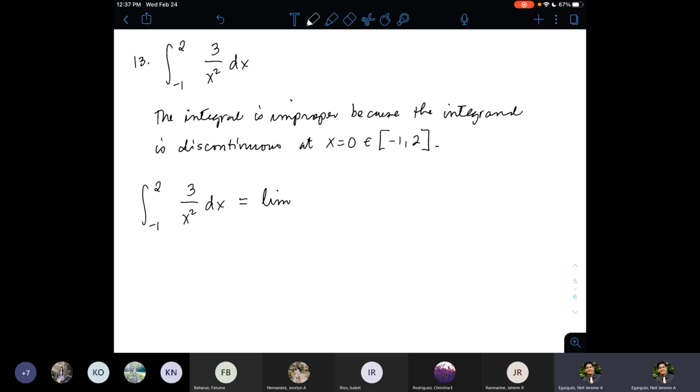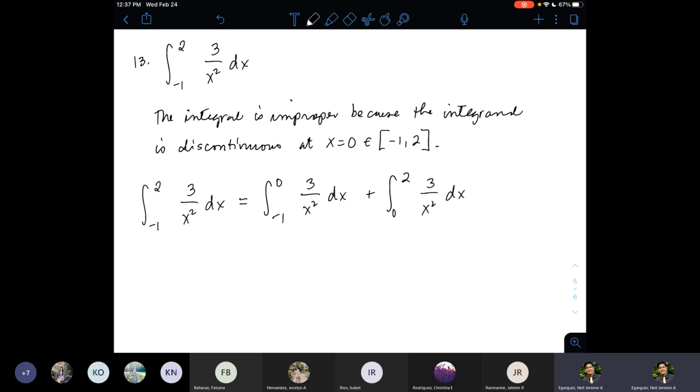So what I mean is, first I look at this as the integral from -1 to 0 of 3 over x squared dx plus 0 to 2 of 3 over x squared dx. Because if you see from our previous examples, we rely on taking the limit as one of the bounds, which happens to be the cause of discontinuity, approaches, as well.